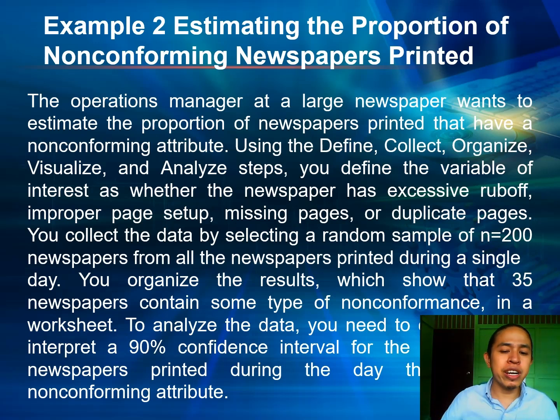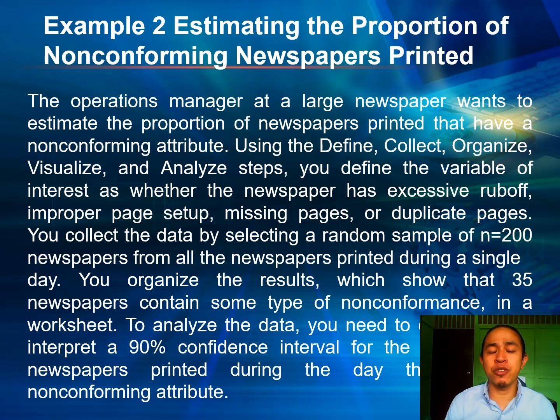You organize the results, which show that 35 newspapers contain some type of nonconformance. To analyze the data, you need to construct and interpret a 90% confidence interval for the proportion of newspapers printed during the day that have the non-conforming attributes. So we have to solve first for the P. Our variable of interest is the non-conforming newspapers.